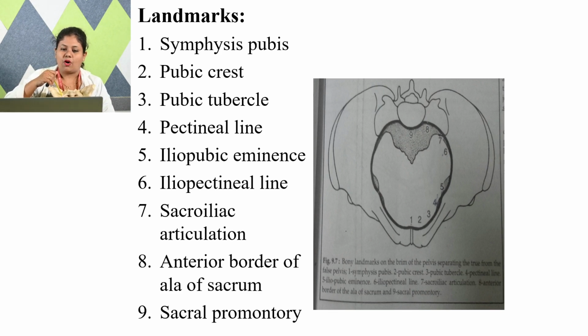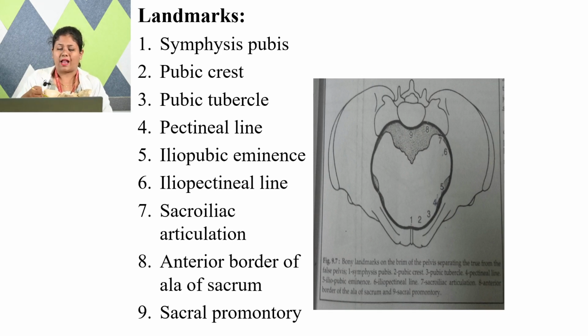Then the sacroiliac articulation, or we can say the sacroiliac joint. Then the anterior border of the ala of sacrum. The wing-like shape is called the ala of sacrum, or wings of sacrum, and the sacral promontory.